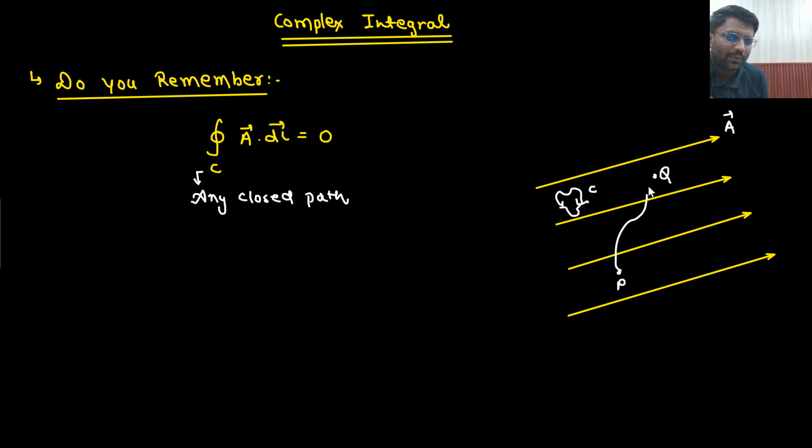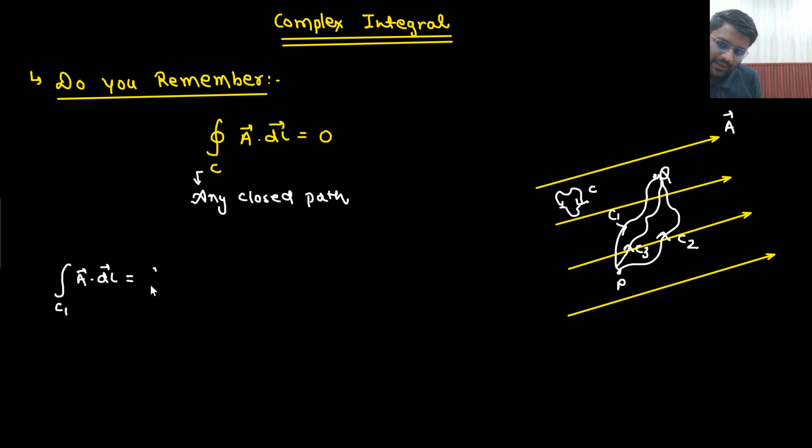If I am moving from P to Q using path C1, using path C2, and using path C3, all will give us the same result.